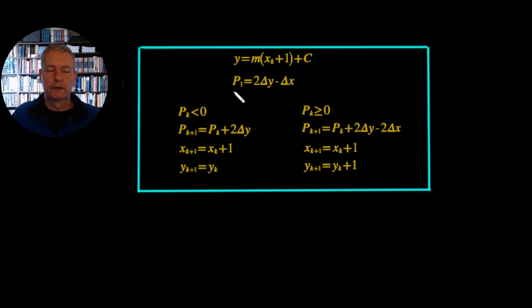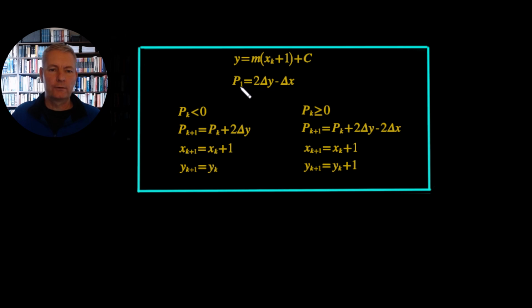In order to do this, we have to make a decision between 2 pixels, and the first value for our decision is going to be given by 2 delta y minus delta x. We get our delta y and our delta x by taking the y coordinates of the beginning and the end pixel from one another, and the x coordinates from the beginning and the end pixel from one another.